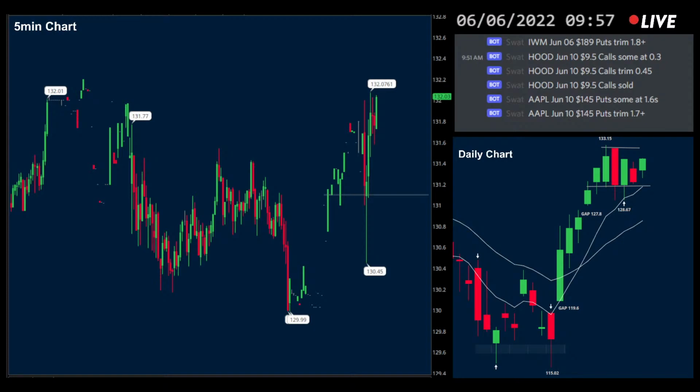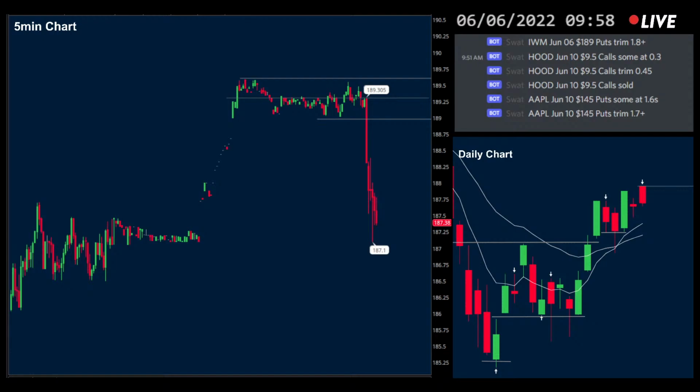Not chasing the move, but congratulations longs. NVDA and AMD stuck slow, not chasing. IWM still heavy.